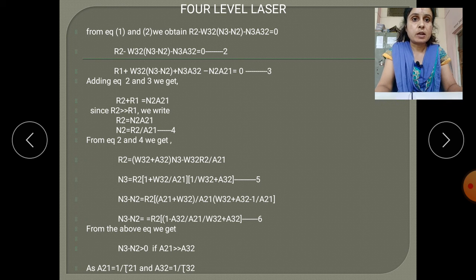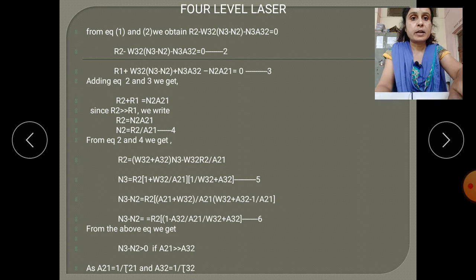In this equation, the stimulated and spontaneous emissions take place, with the terms N3 A32 and minus N2 A21 balancing to equal 0.